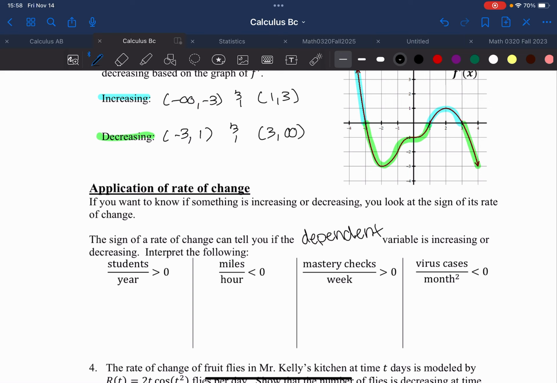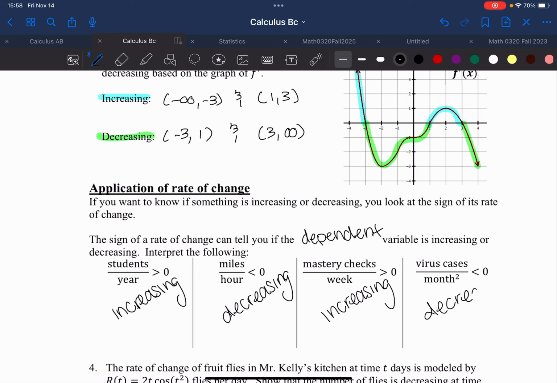Based off of whether this is positive or negative is going to tell us if our function is increasing or decreasing. Since this one is greater than 0, we know that it's increasing. This is less than 0, so it's decreasing. Greater than 0, so it's increasing. And less than 0, so it's decreasing.